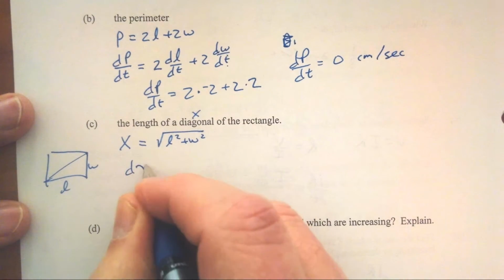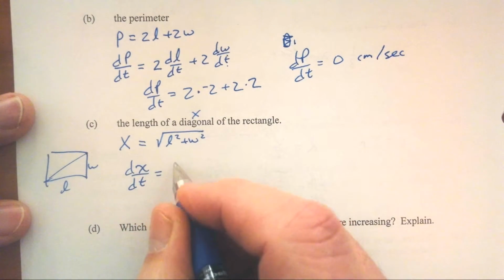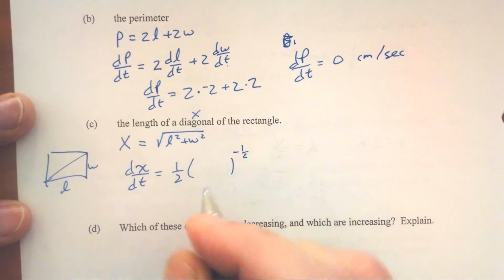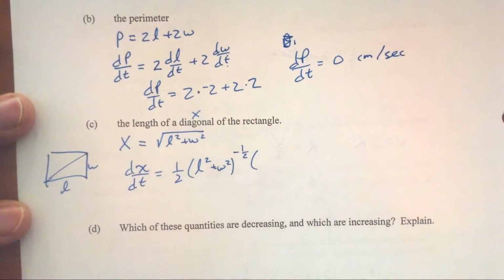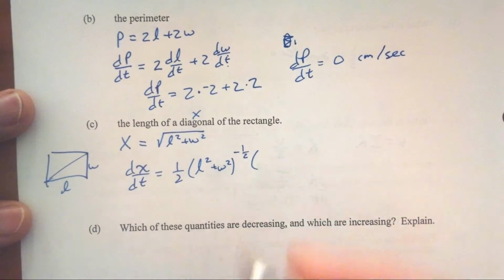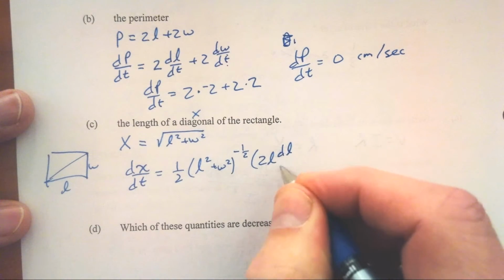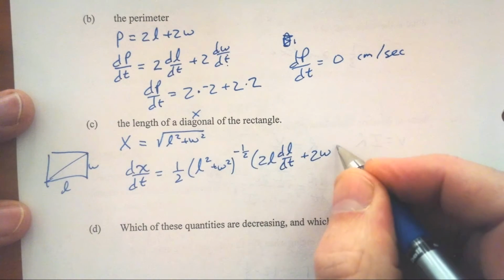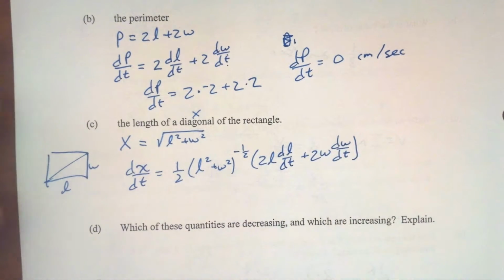So dx/dt is the outside derivative, 1/2 to the negative 1/2 of the inside function, times all of parentheses the inside derivative, 2L dL/dt plus 2W dW/dt.